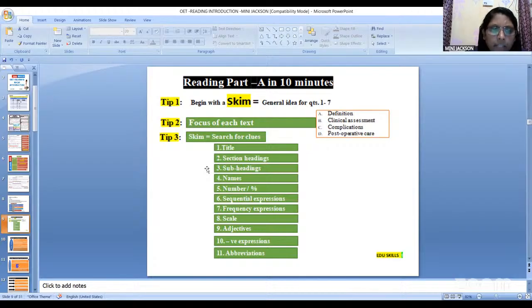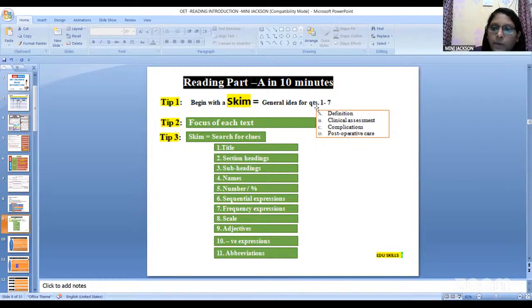There are different types of tips and tricks. First, tip 1: begin with the skim. We know that skim means jumping to the important points. We will only go and mark down where the important or specified information is given, which will give an idea of the gist or the question.